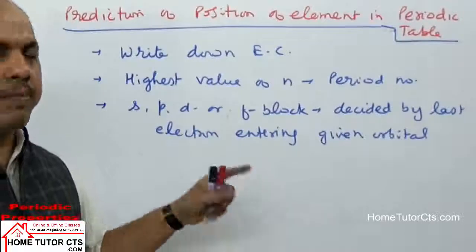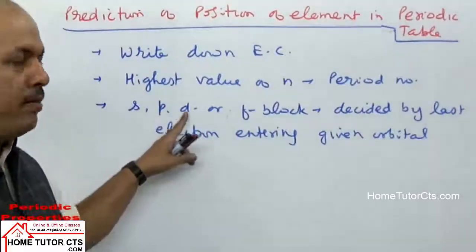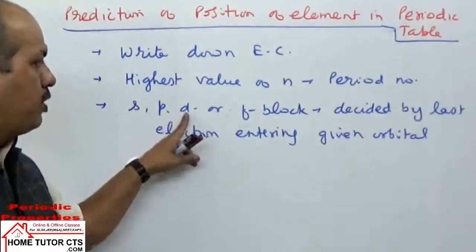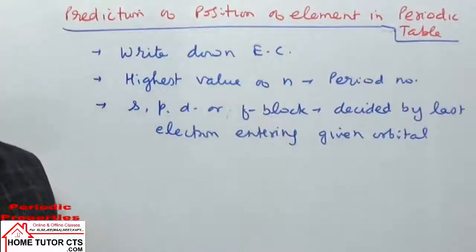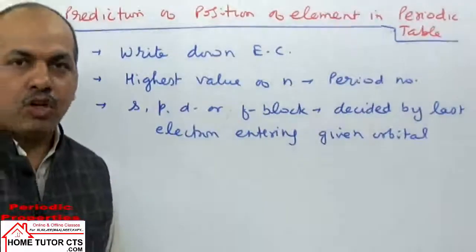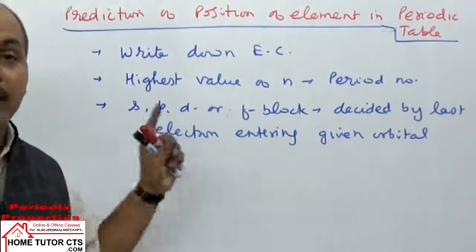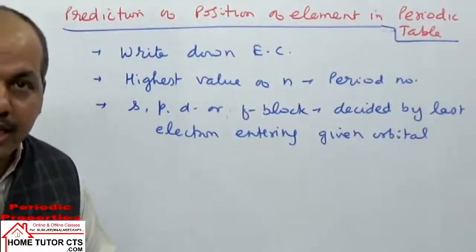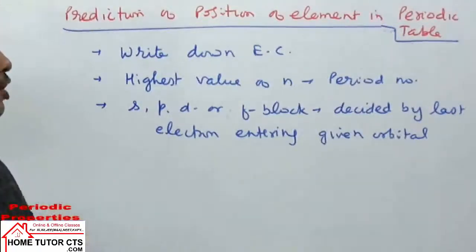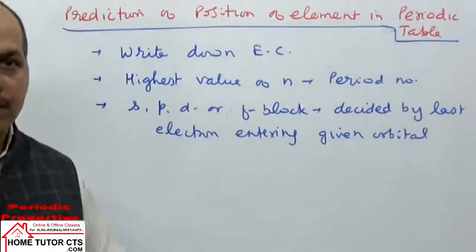If the last electron enters p orbitals, it is a p block element, or if d or f, accordingly the elements are called d block or f block elements, depending on which orbital the last electron enters.